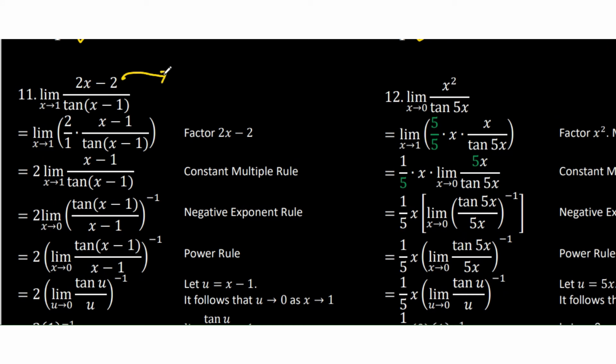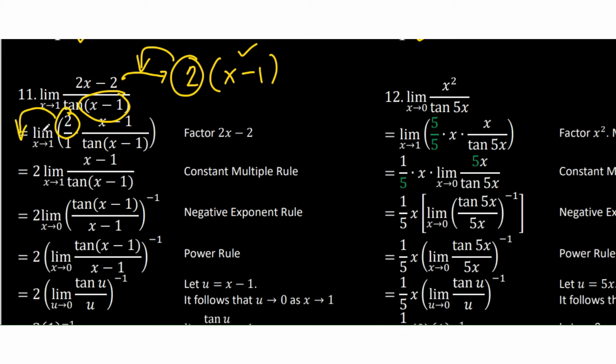Here, factor out. So 2 times x minus 1. So here, x minus 1 and x minus 1 are already the same. But you already separated 2 here. Separate the 2 because it is no longer needed. And that 2 will be part of what we call the constant.